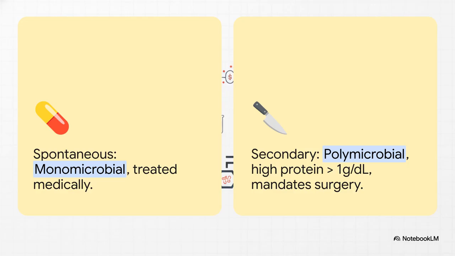SBP is typically monomicrobial, driven by enteric translocation, and managed medically. Secondary peritonitis, however, is a catastrophic viscus perforation. Its signature is polymicrobial, accompanied by high ascitic total protein, often greater than 1 gram per deciliter, and low glucose. This presentation strictly mandates an immediate exploratory laparotomy.